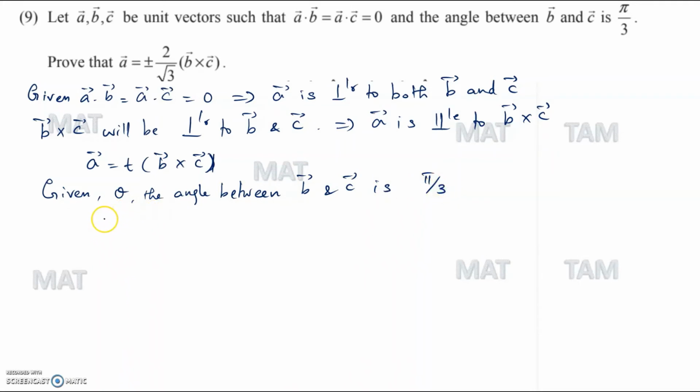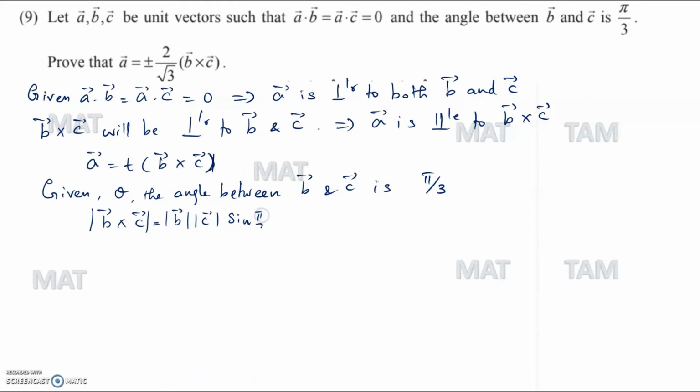Therefore, the magnitude of vector B cross product with C is equal to the magnitude of B into the magnitude of C into sine of the angle between B and C, which is pi by 3.